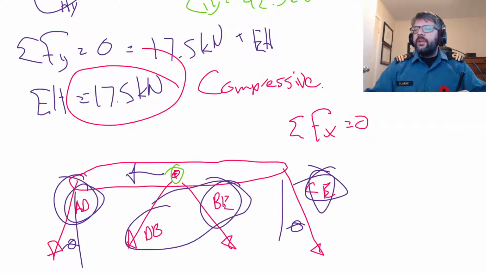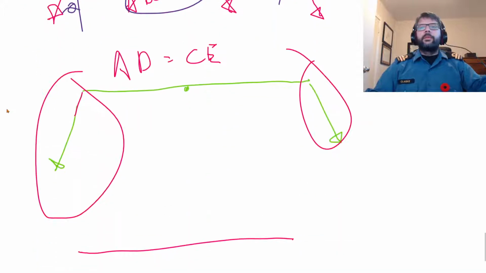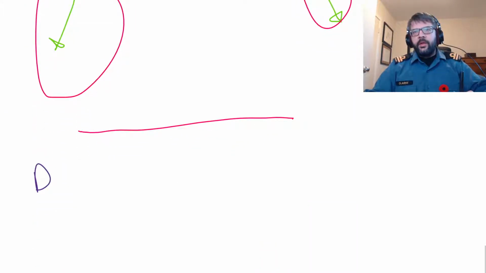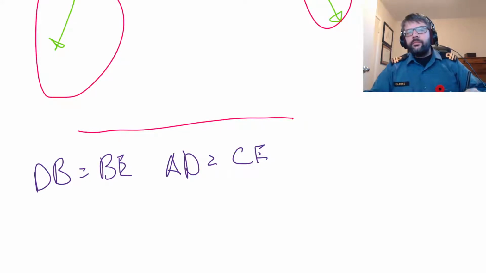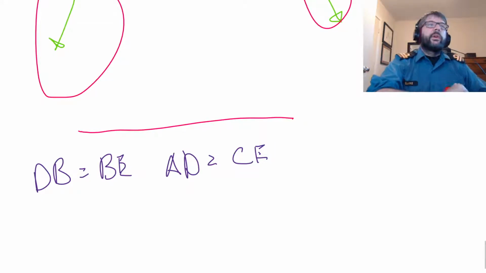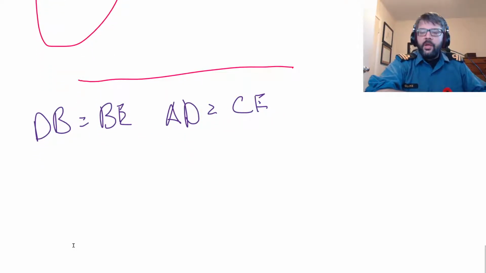So DB and BE need to be equal to one another too. So DB is equal to BE, and AD is equal to CE. We don't know what those are yet, but we can start getting there.